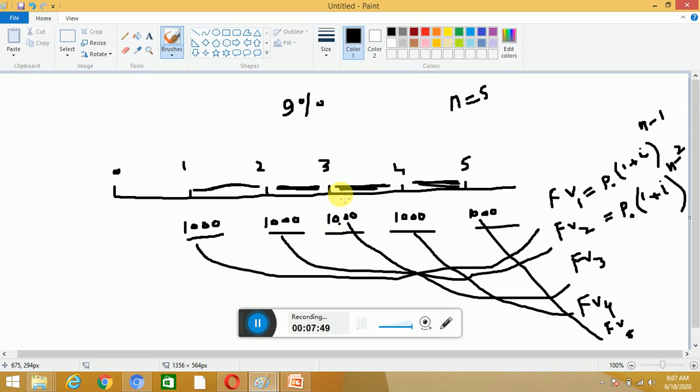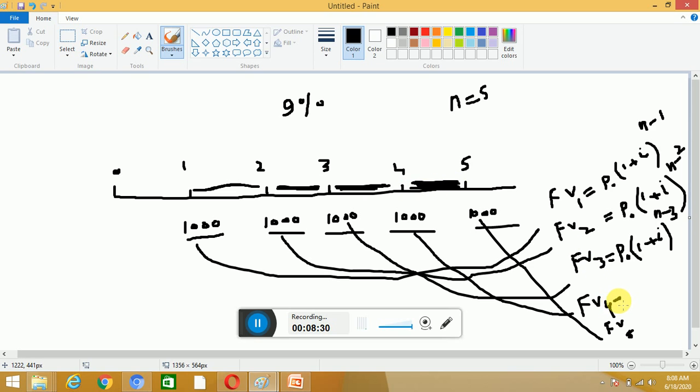Now we deposit this 1000 here, so on this 1000 we will receive interest 2 times. See this, so it will be P naught (1 plus I) raised to the power n minus 3, means 5 minus 3, so we receive interest 2 times. On this 1000 we will receive interest only 1 time. Look at this.